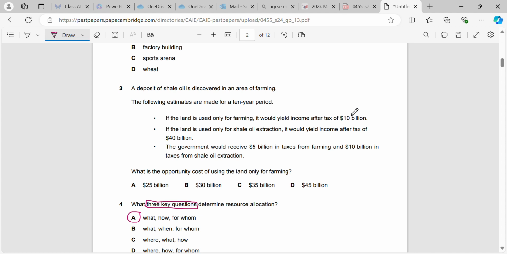So in this case here, we've got income after tax of 10 billion for farming and income after tax of 40 billion for oil. So what we'll do is we'll just put the two of them here. I'll say F for farming, and we've got 10 billion. And over here for oil, we've currently got 40 billion.